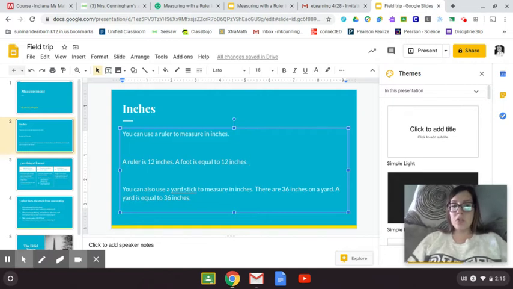Okay, so you can use a ruler to measure in inches. A ruler is 12 inches. A foot is equal to 12 inches. You can also use a yardstick, I'm guessing this is one word, to measure in inches. There are 36 inches in a yard, or on a yardstick.